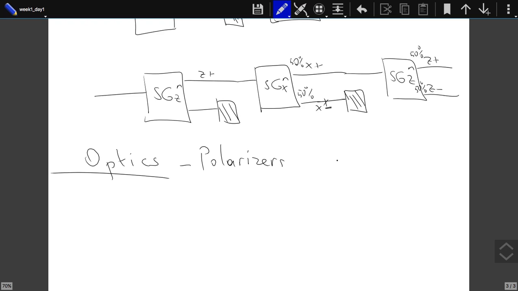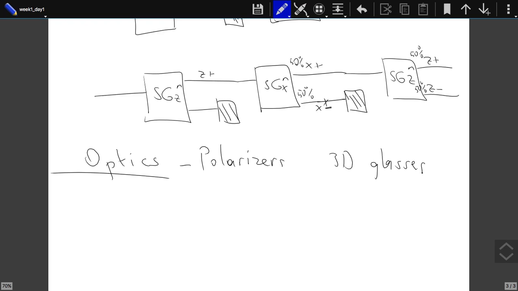Where else are you using polarizers? Also 3D glasses. These are cheap, and you can just make experiments with that. 3D glasses basically use polarizer filters. Those plastics just filter different polarizations.